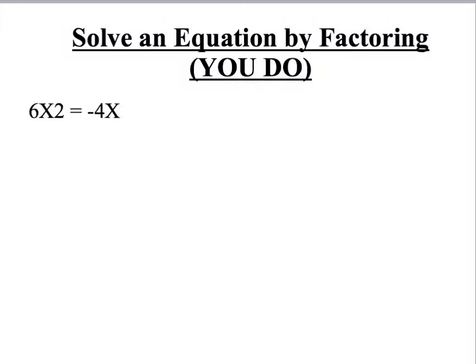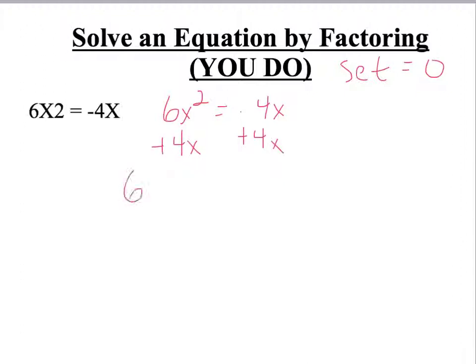I'd like you guys to go ahead and try this one here. 6x squared equals negative 4x. What you should have done first was set it equal to 0. So I add 4x to both sides, and I get 6x squared plus 4x is equal to 0. Next, factor the GCF.